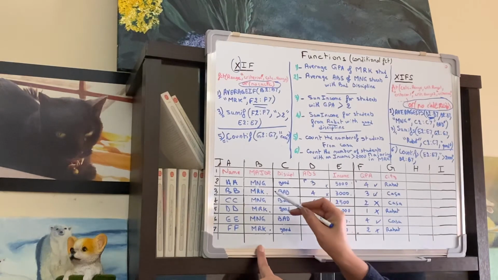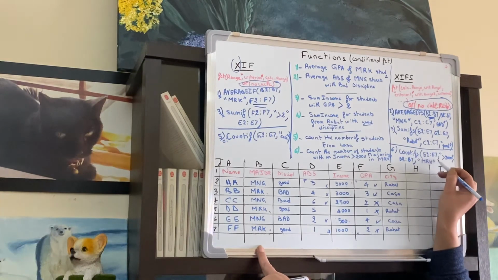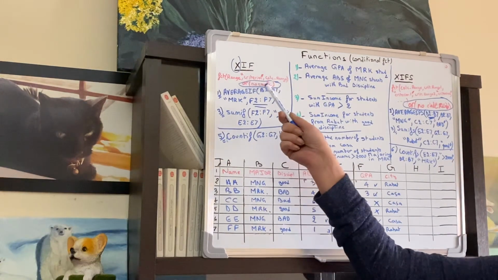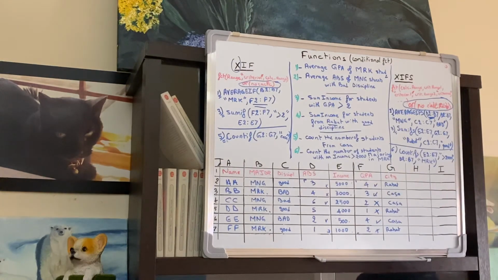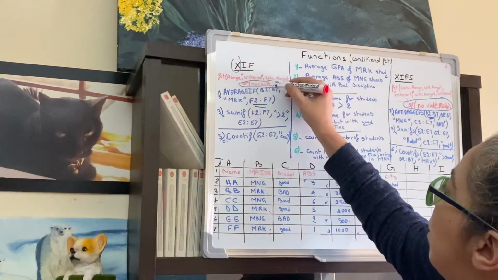I'm looking for marketing. So I'm going to put marketing. Close the quote, close the parenthesis. There is no need for any calculation range because you don't have any. That's why I put no calculation range.